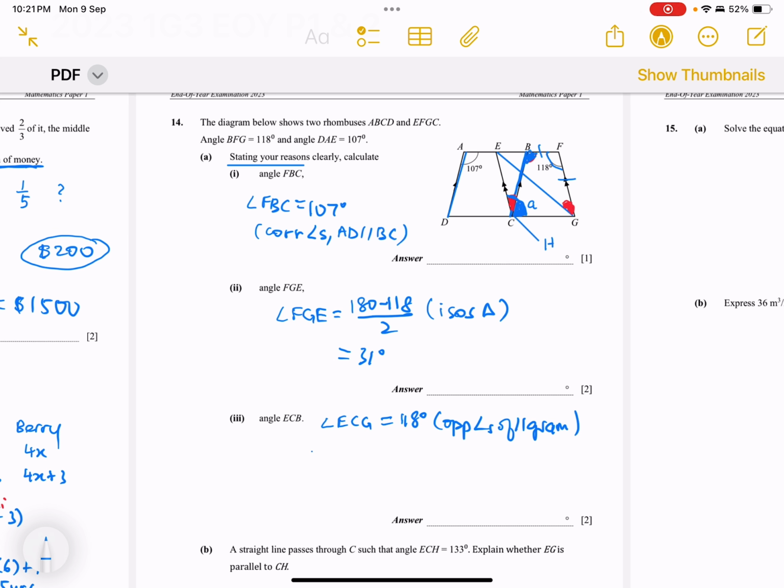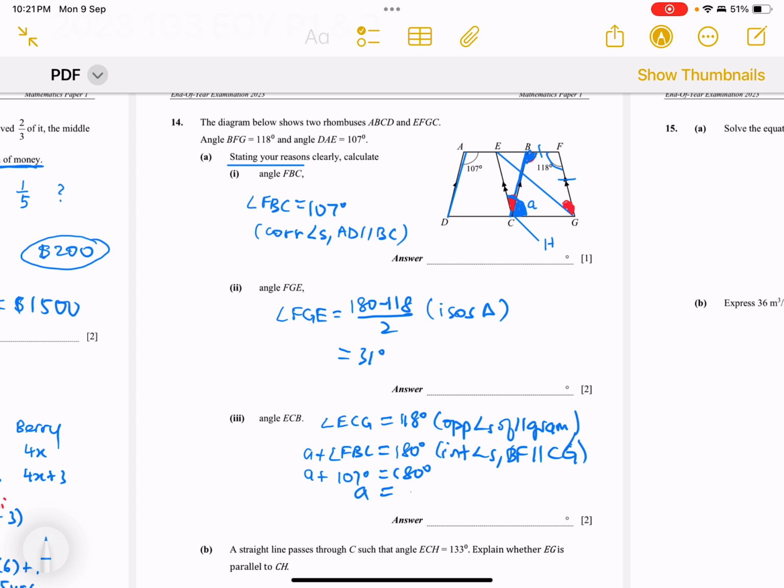So angle FBC plus A is equal to 180, interior angles, and the parallel lines are BF parallel to CG. FBC we found out earlier is 107.